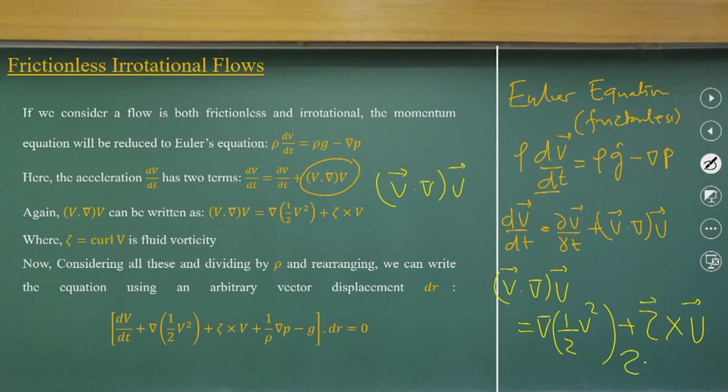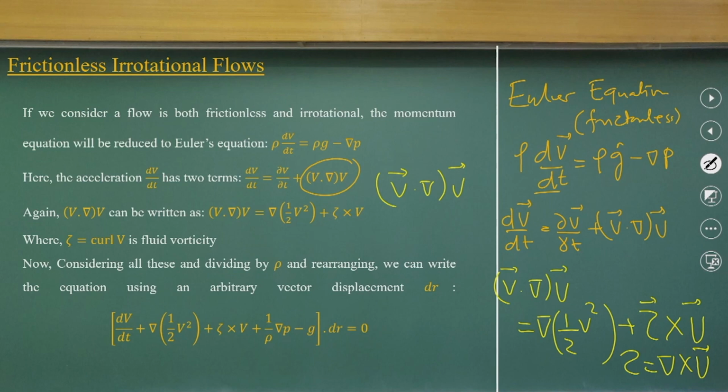The curl V is the cross product between del and V. That is the fluid vorticity.